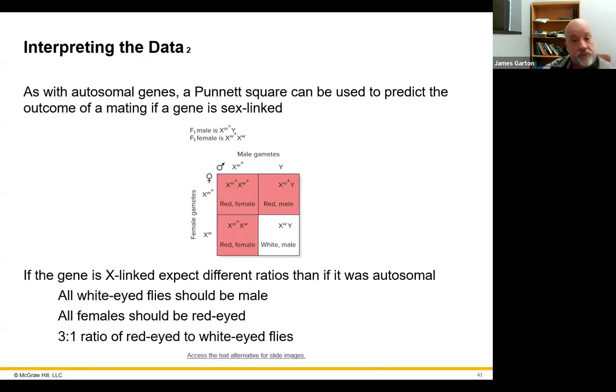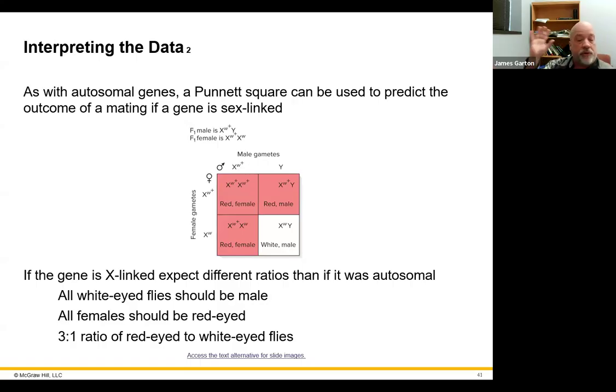And if you just do those F1 crosses to make the F2 generation, well, you get a very typical Mendelian dominance-recessiveness kind of inheritance pattern: 3 red to 1 white.